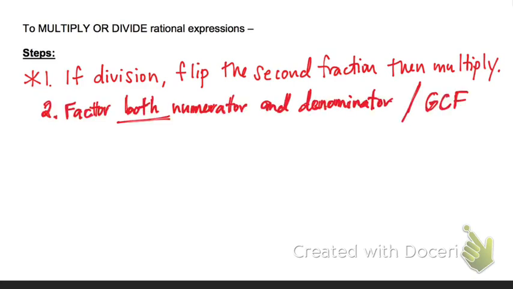Okay, second step is you want to factor the top and the bottom, numerator and denominator. And then I put slash GCF, so you may have to take out a greatest common factor too. So look to do both of these things.